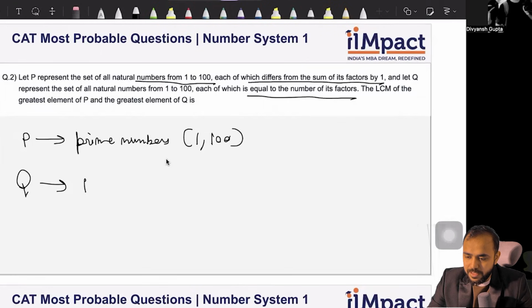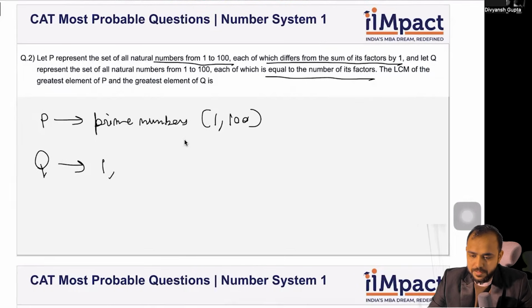So 1 has only one factor, so this would be part of your answer. 2 has two factors, 1 and 2, so 2 will also be your answer. 3 will have only two factors, 1 and 3, so 3 cannot be your answer. 4 will have three factors, again cannot be your answer. 5 will have two factors, and as you can see now that the difference between the number itself and the number of factors is increasing, so only these two will be part of your set Q.